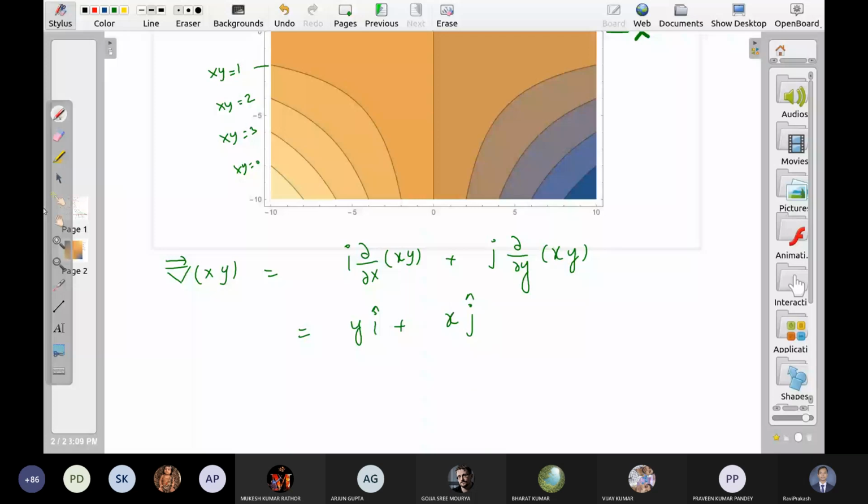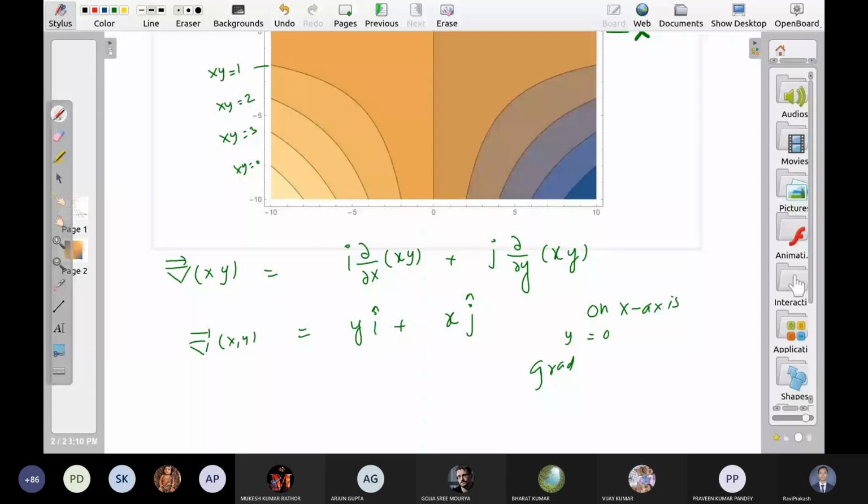On the x-axis, meaning y is equal to 0, the gradient is x j cap. So if x is positive, it is pointing up.